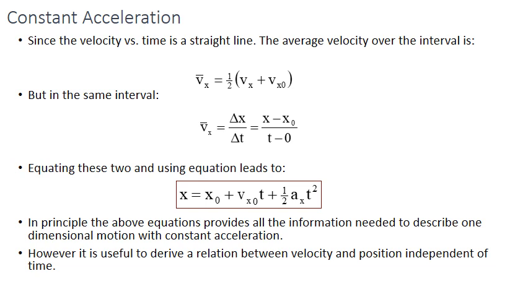If I combine these two equations with the equation for the velocity as a function of time, I can find the position as a function of time in terms of three things: the initial position x0, the initial velocity vx0, and the acceleration ax. All I need to know is the acceleration, and I know where the object is at any time t. The combination gives me that x is equal to x0 plus vx0 t plus 1 over 2 ax t squared.